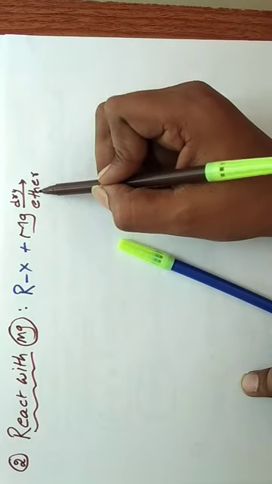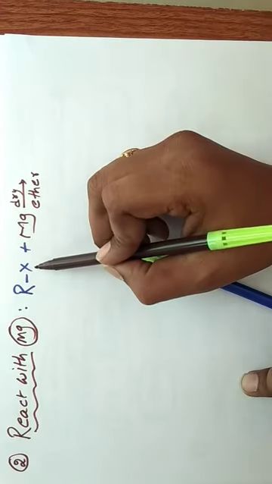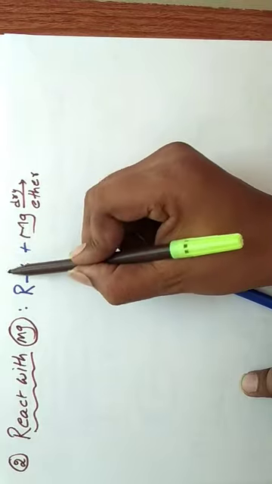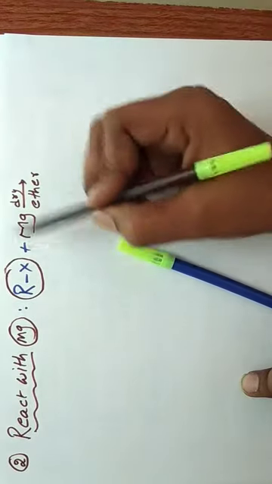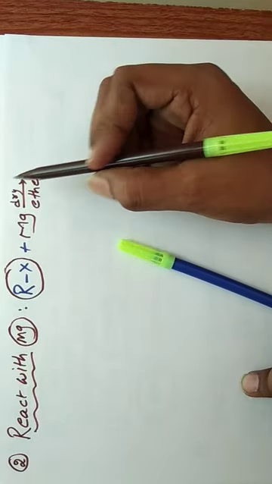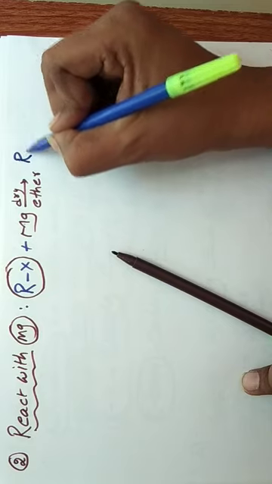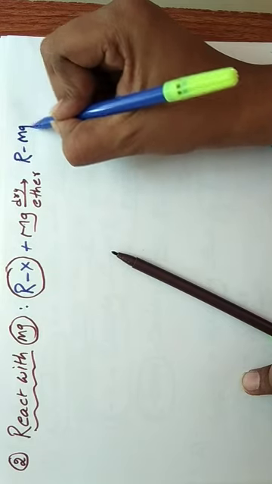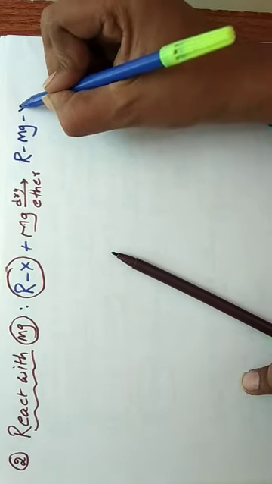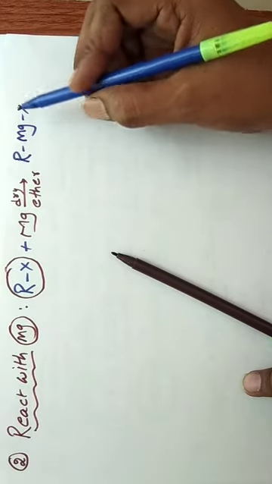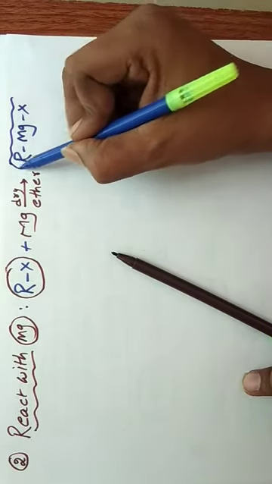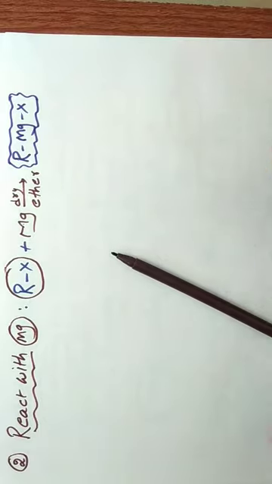Magnesium is taken in dry ether, and R bond X, the alkyl halide, is also taken in dry ether. What type of product can we get? We get the addition product, that is RMgX.